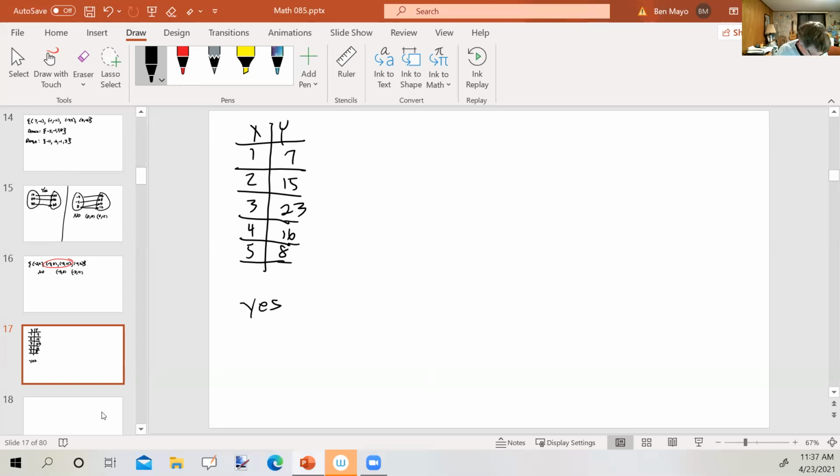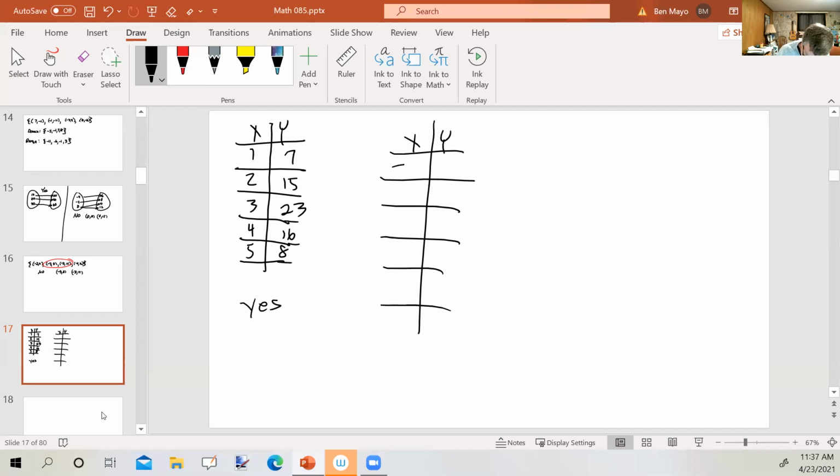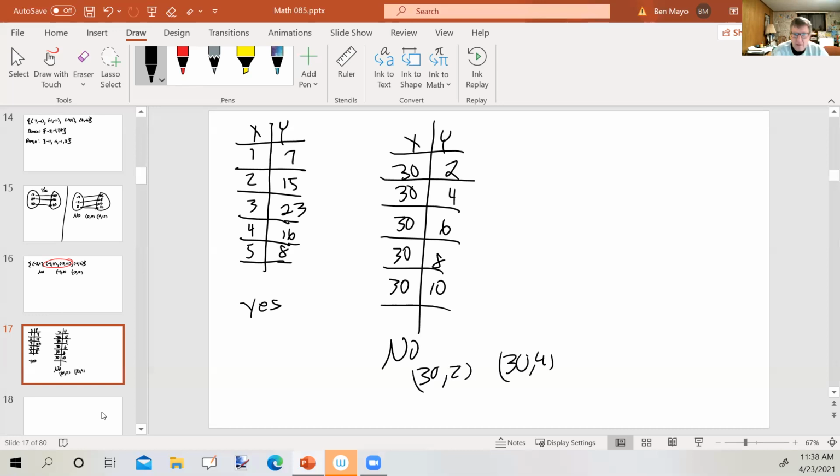How about this one? We've got 30 and 2, 4, 6, 8, and 10. Is this a function? No, it's not. Give 2 examples. Well, 32, 34. We've got one input going to a bunch of different outputs, so not a function. How about this one?